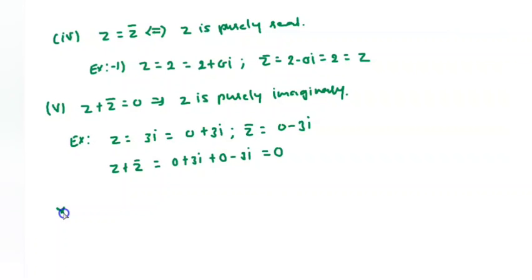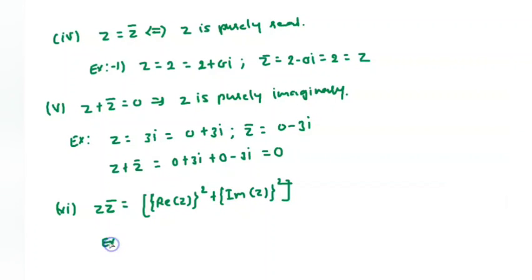Property number 6: z into z bar is equal to the real part of z the whole square plus the imaginary part of z the whole square.